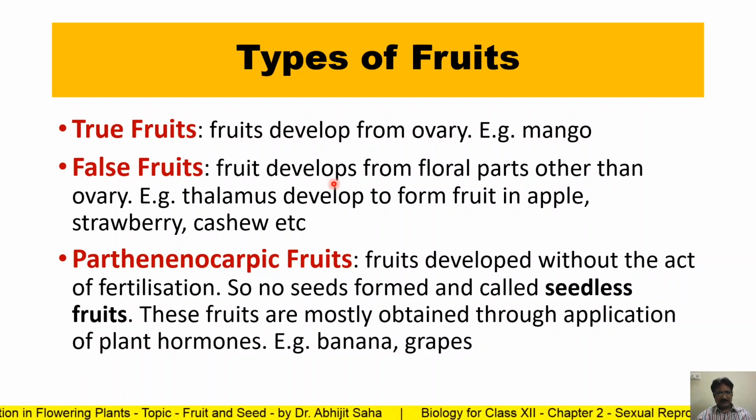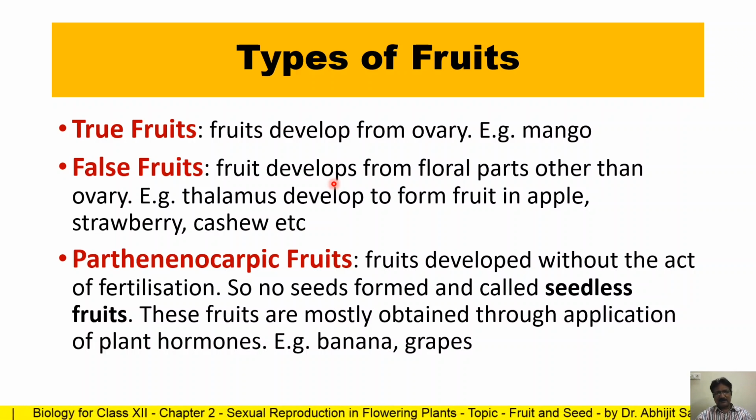Now the question is, which part of the flower develops into the fruits? Of course, it is again the ovary. Then how is it different from true fruits? In true fruits, it is the act of fertilization that is involved.